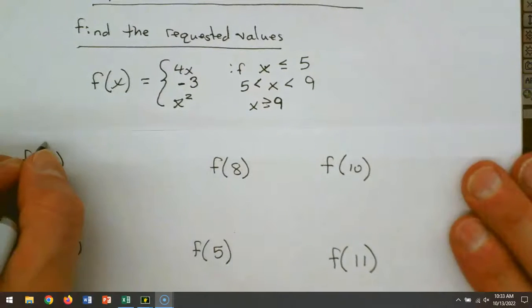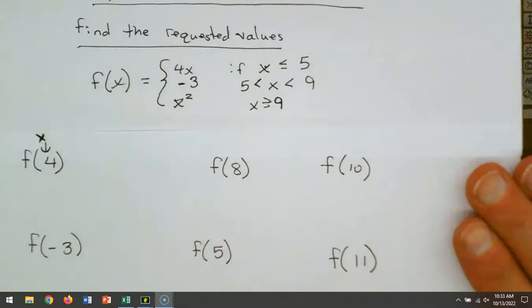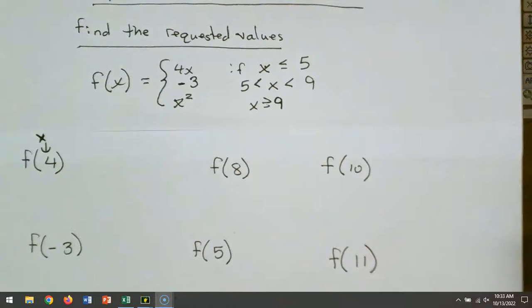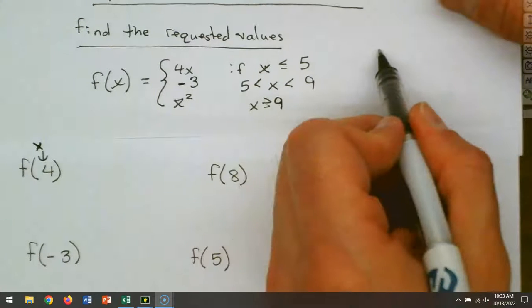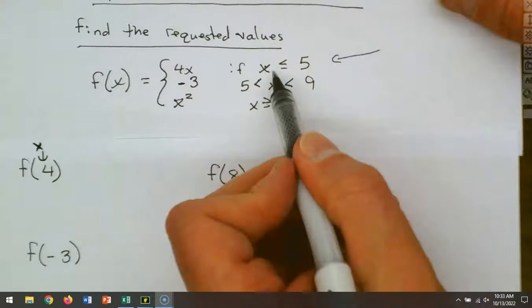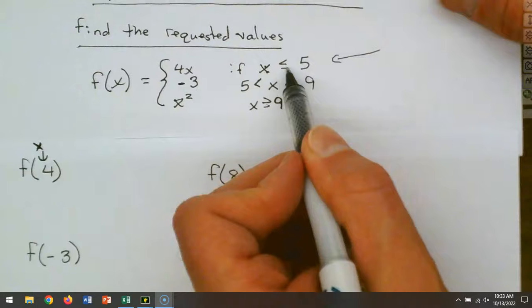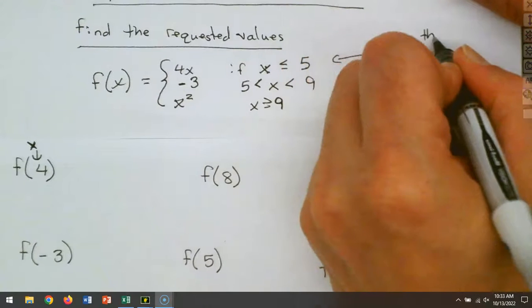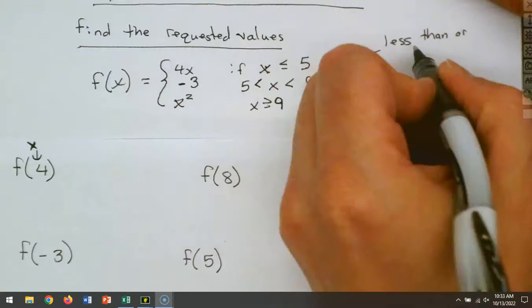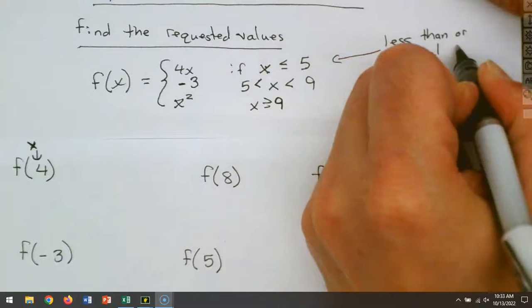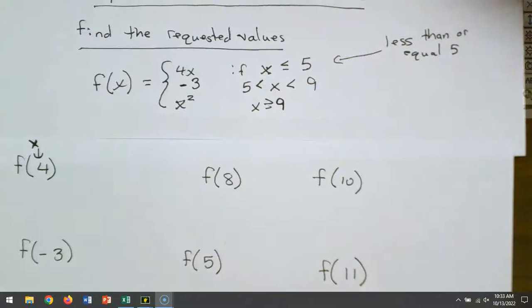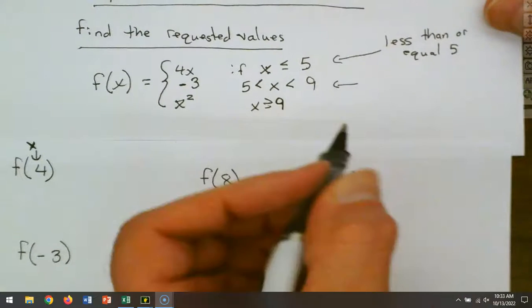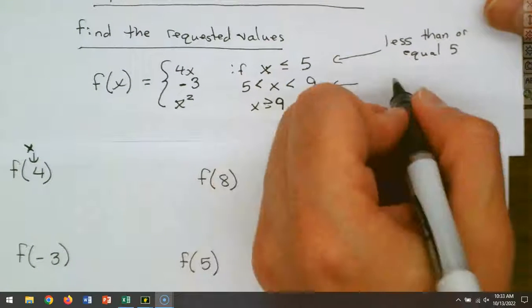Now, this is your value of x. So the number inside is your x value. Let's talk about what each of these mean. This one is for values of x that are less than or equal to 5. That's our first row. This row is for numbers between 5 and 9.